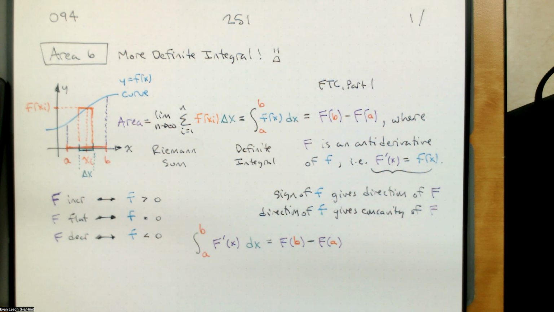So when we calculate the definite integral of the rate of change of a function, the definite integral of the derivative of a function, we find out how much the function has changed on that interval.